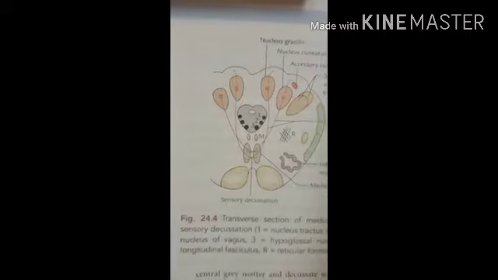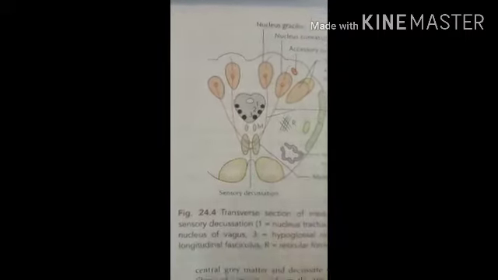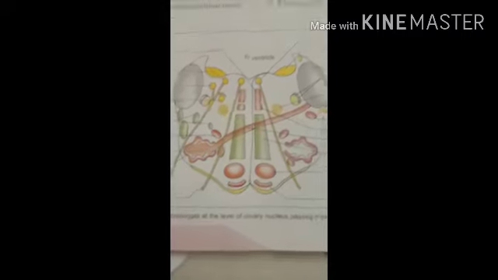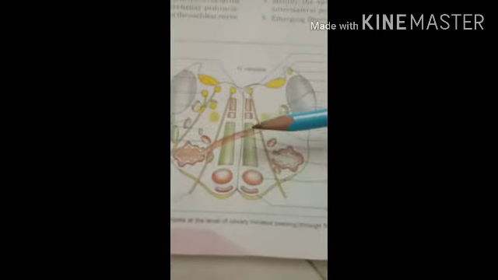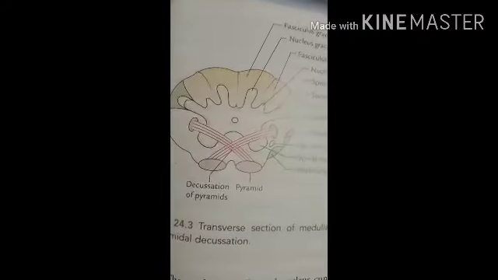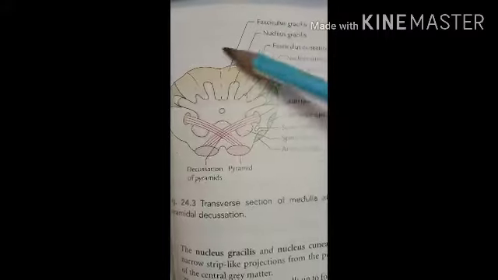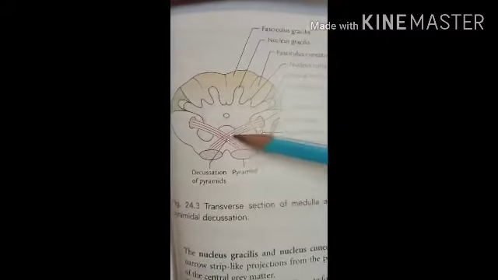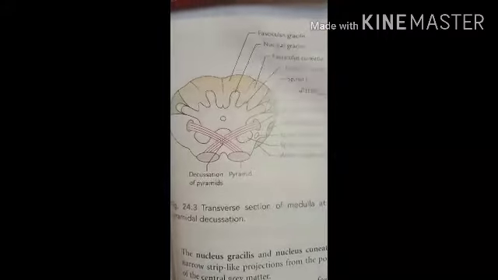And third is at the level of the olive, where you can see this structure. So let's see the first TS, taken at the decussation of the pyramids. Let's see the TS at the level of pyramidal decussation.